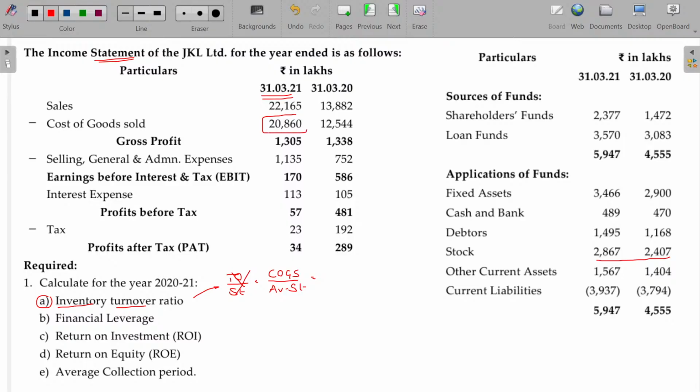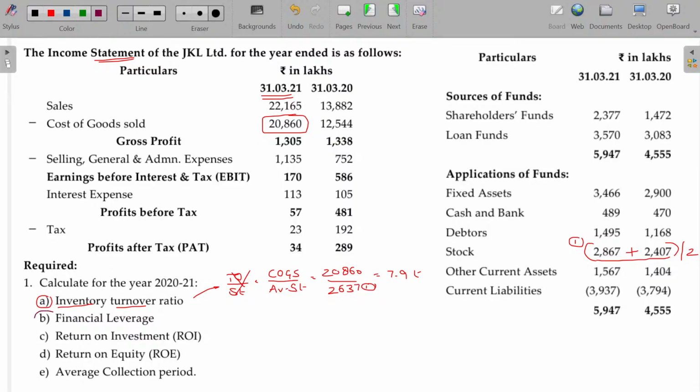So, cost of goods sold for the latest year being 20,860. Average stock being, you add up these two and divide this by 2. How much? 2637. What is the ultimate value here? 7.9 times.